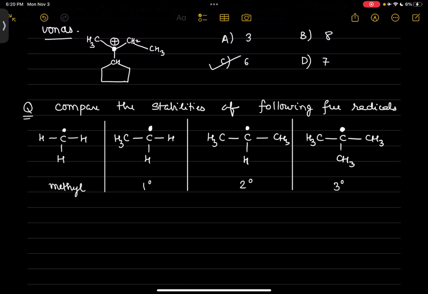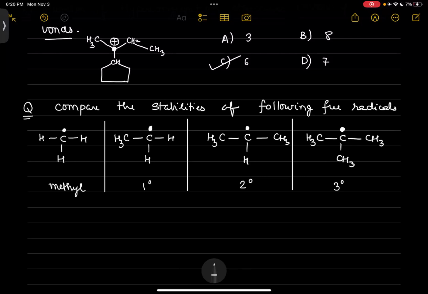First of all, tell me whether it is electron rich or deficient. Does it have excess electrons or fewer electrons? These radicals, what type of species are they? Electron rich or deficient? No, actually they are electron deficient.